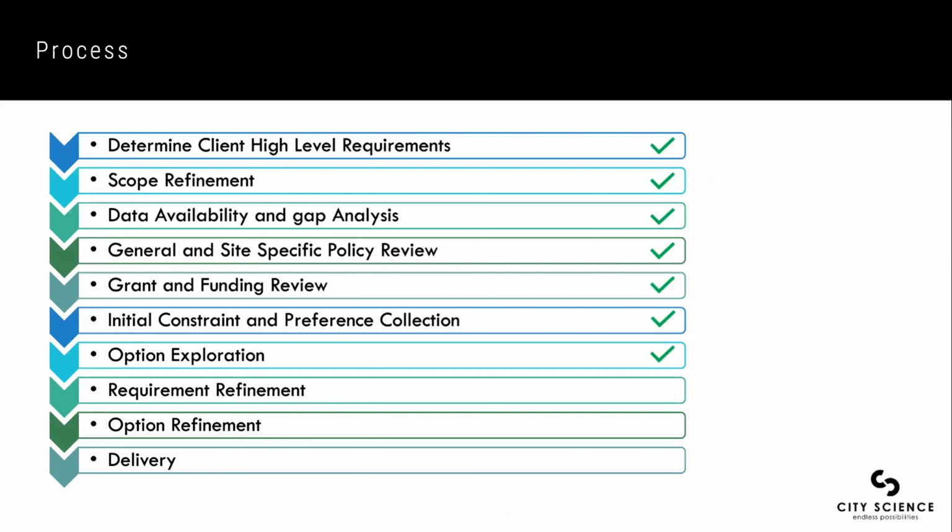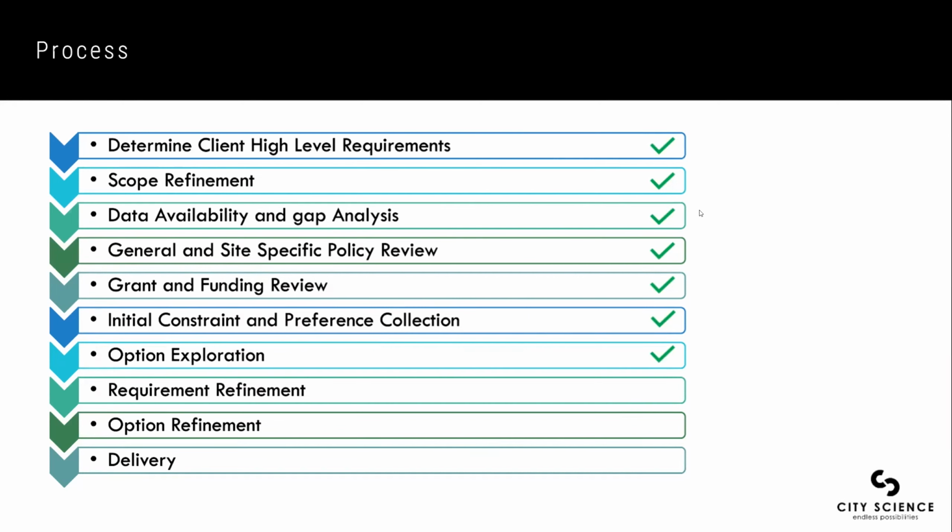This has been a multi-stage process of which we've already carried out quite a few stages. First, determining a client's high-level requirements, of which they may not be completely sure when you start the process. Then refining the scope once we've understood their high-level requirements. Then data availability and gap analysis.